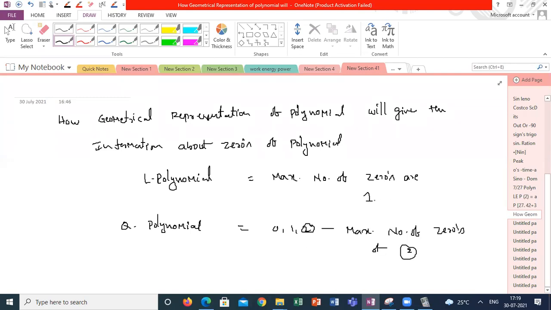But how can I say this number from the graph? How can we determine the number of zeros from the graph? Anyone having any answer for this? Sir, the number of times the line passes through the x-axis is the number of zeros of the polynomial.